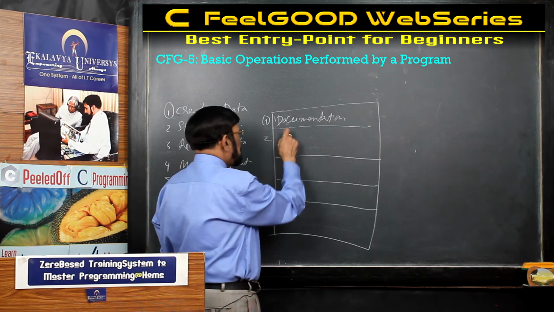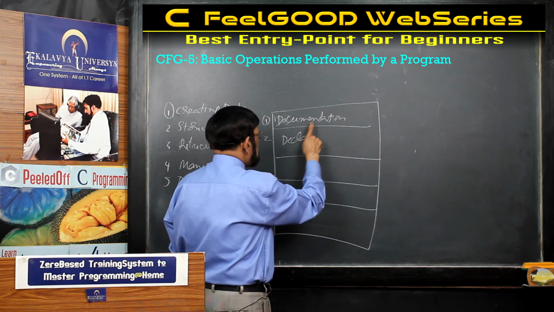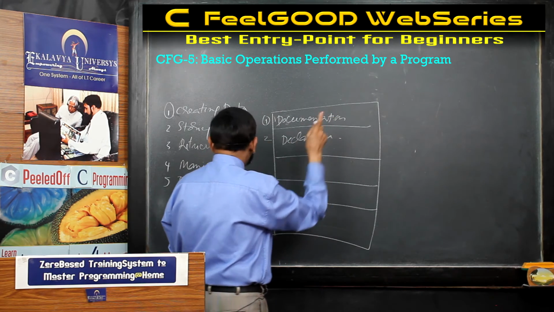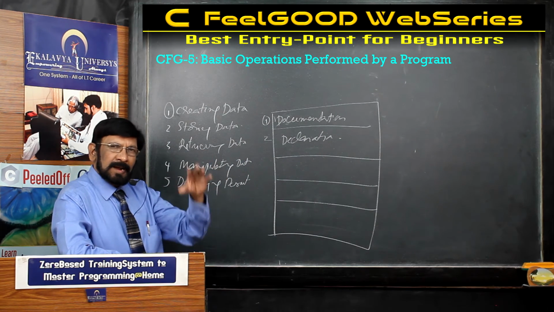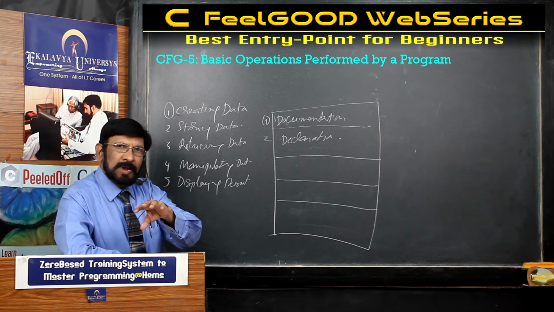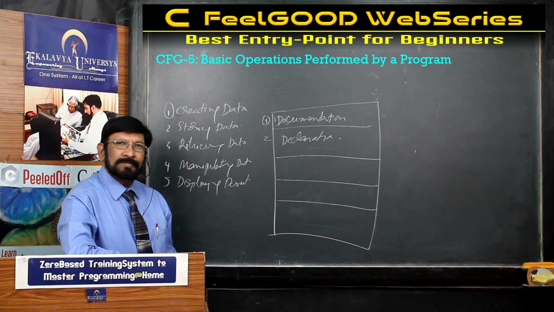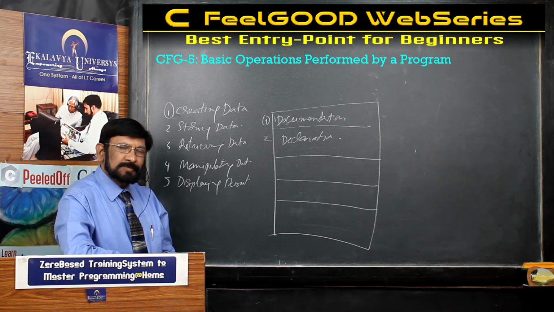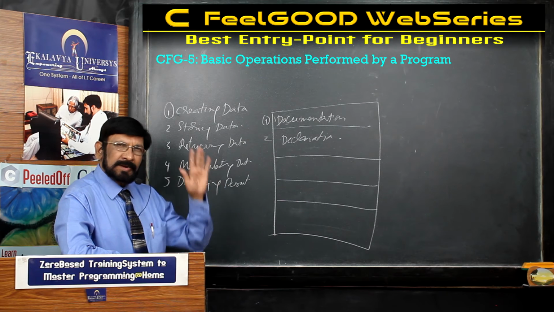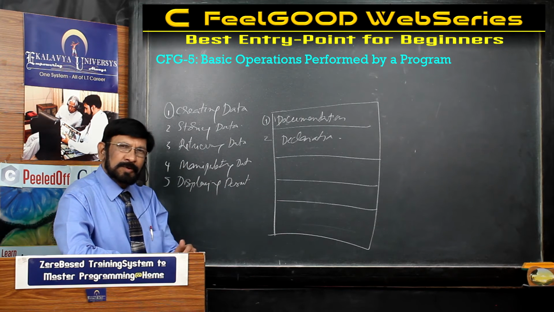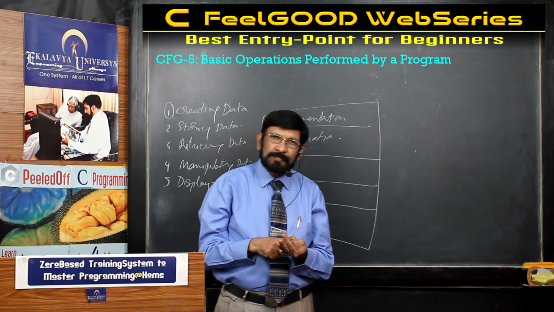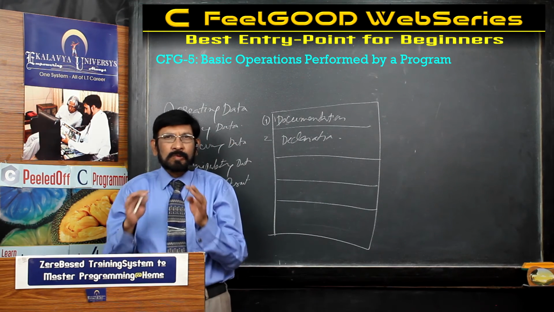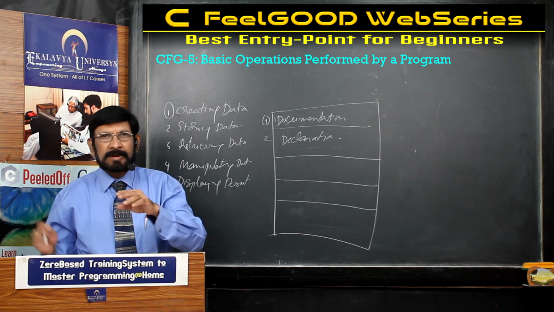Second one is the declaration section. Declaration section means, as I explained in the previous concept, whatever data items you are going to use in the program, you have to declare. With an example, always remember: you invited 10 guests. What do you have to declare first? 5 adult people, 3 children, 2 babies are attending for dinner.